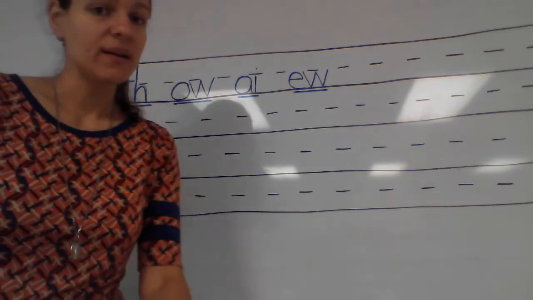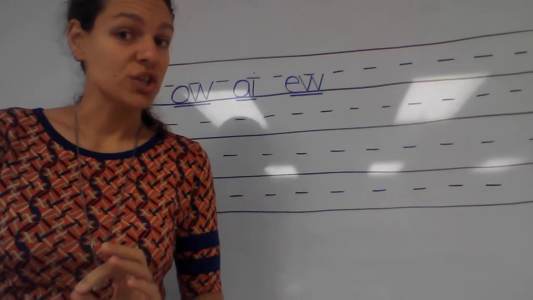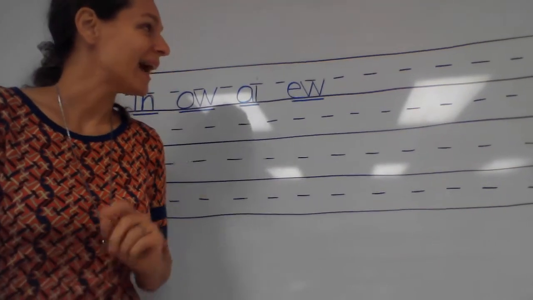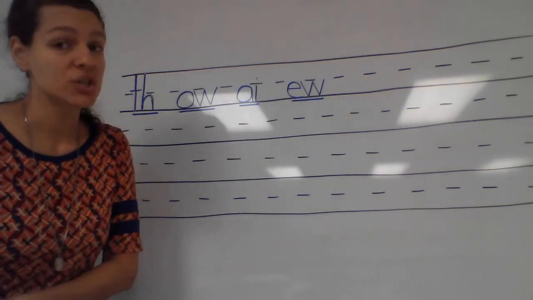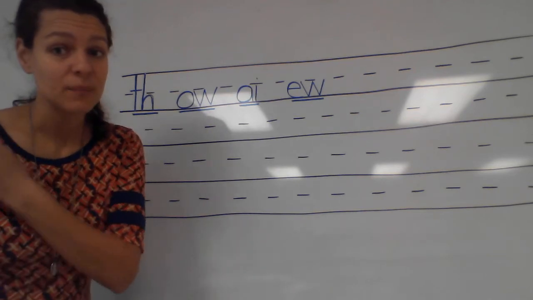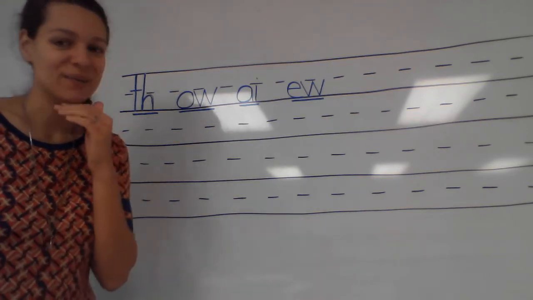Let's do one more. Let's do sh, zh, used at the beginning of syllables after the first one. What are you going to write? Good, sh, zh, used at the beginning of syllables after the first one. Say it while you write it.